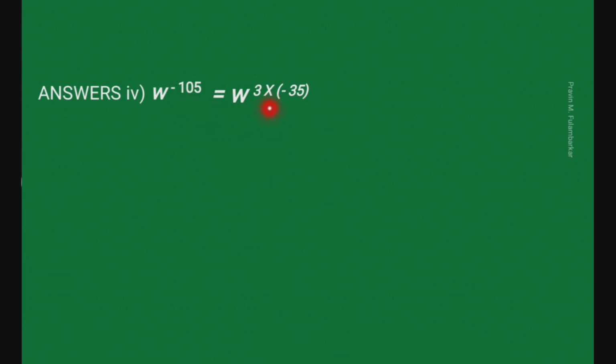Here is a minus sign, so we give the minus sign to 35. So we write here omega raised to the power 3 raised to the power minus 35. So 1 raised to the power minus 35. Again we get 1, because omega cube is 1. So 1 raised to the power any number we get 1. So omega raised to the power minus 105 equals to 1.